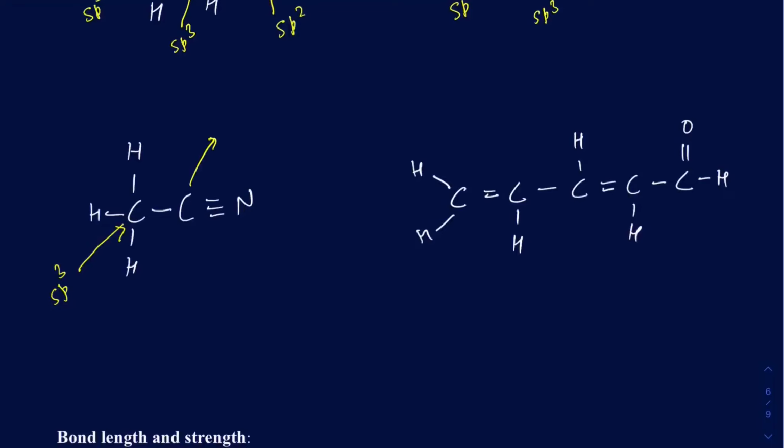Well, now all of a sudden you have a triple bond here. So when you have a triple bond, your triple bond has 2 pi bonds in there. So remember, your pi bonds are going to be made by unhybridized orbitals.